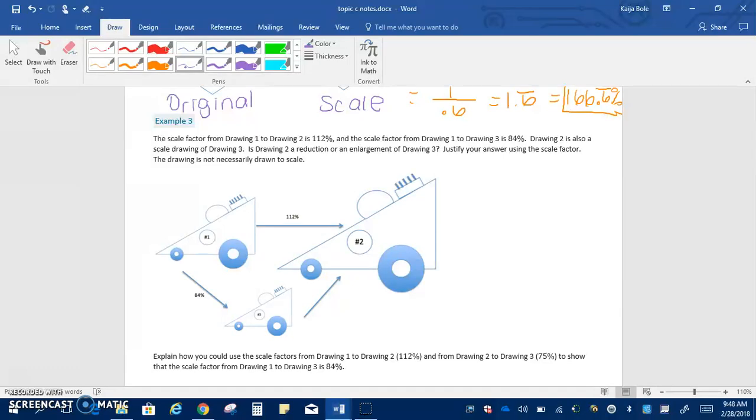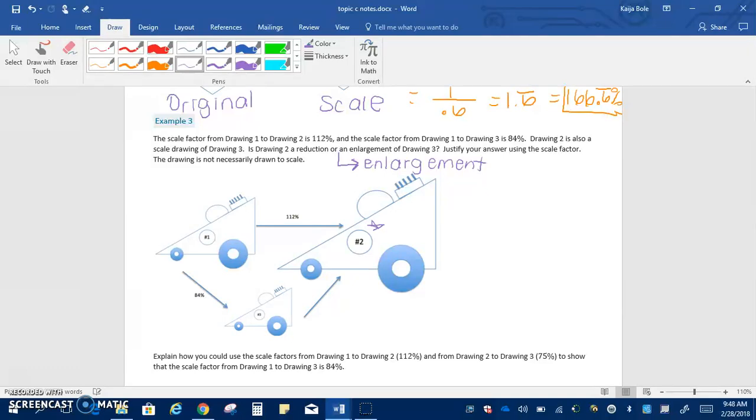They have that arrow, but it's blank. It says, is drawing 2 a reduction or an enlargement of drawing 3? So let's do that first part. Is drawing 2, which is right here, a reduction or an enlargement of drawing 3? We can see just by looking at it that it's an enlargement.